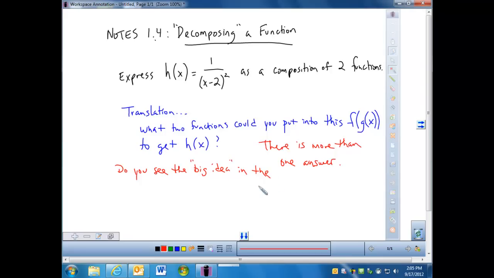That's what the big idea is. So if I write 1 over x as my f of x, I think the next part's easy now. Think about what could you plug in for g of x, what could you plug in for x right now that would give you 1 over (x minus 2) quantity squared.